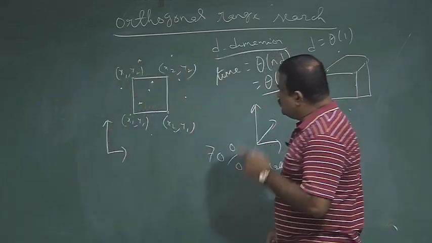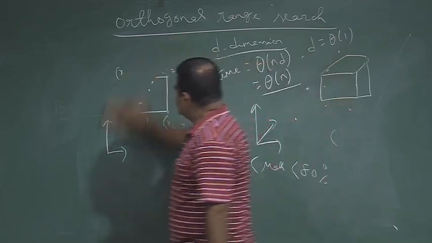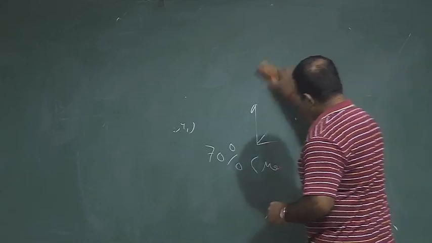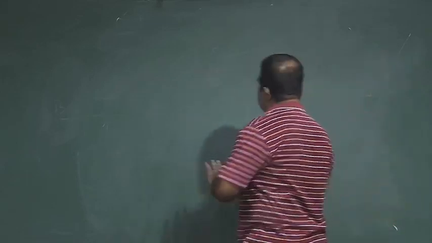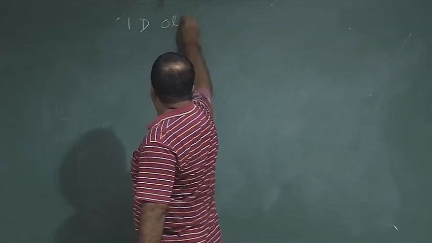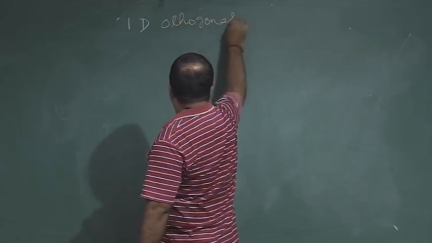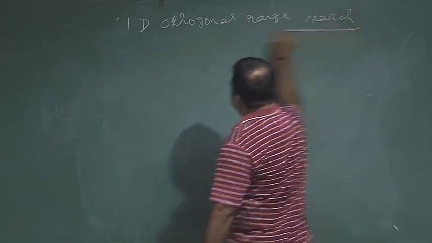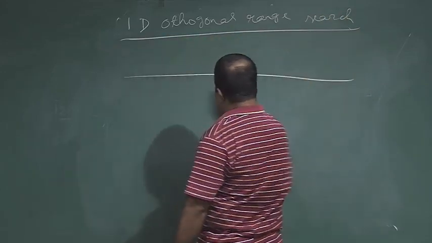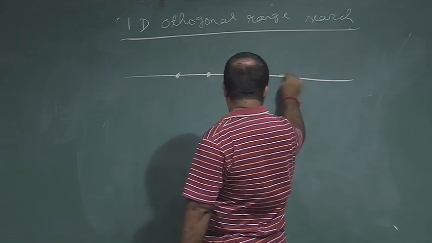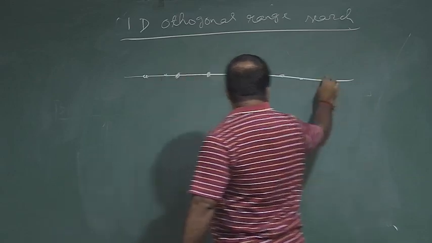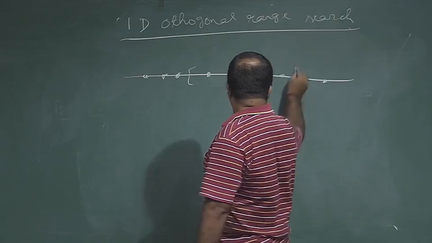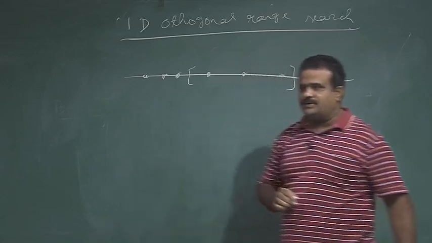But we want to do something better than order of n. So, what can we do? Can we use some sorting algorithm for this? Suppose we are doing this for 1D. So, 1D orthogonal range search. 1D means we have this line and there are some points lying on it. And we have a query range, and we want to report all the points lying in this range.